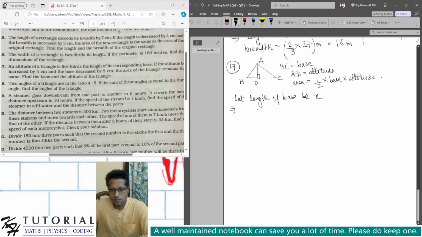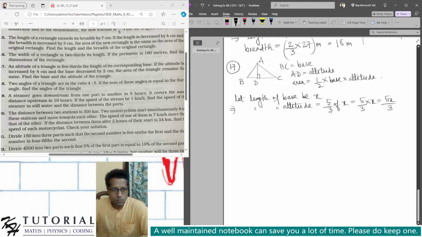I'm ignoring the units. So as per the given information, the length of altitude will be equal to 5/3 of the base, that is 5/3 of x, which is equal to 5x by 3.